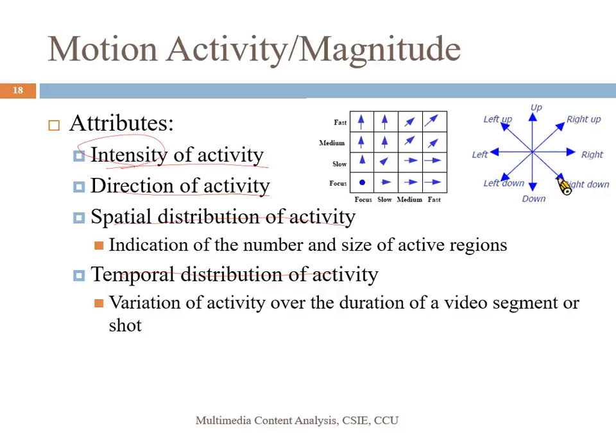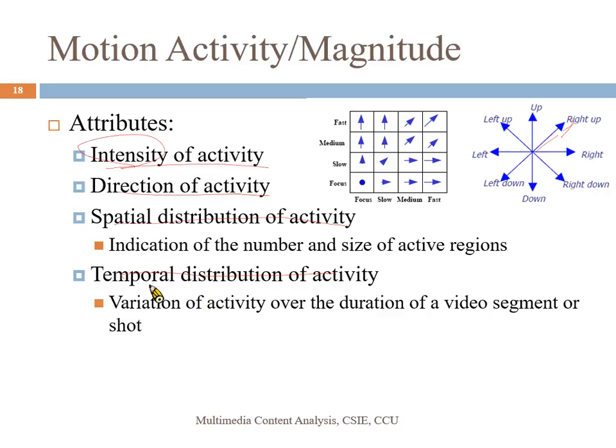For example, we can divide the direction into 8 or 9 directions. In this example, the moving direction is divided into 8 ranges, and we can count the number of pixels moving toward each range and their corresponding intensity, so that we can construct a motion histogram.